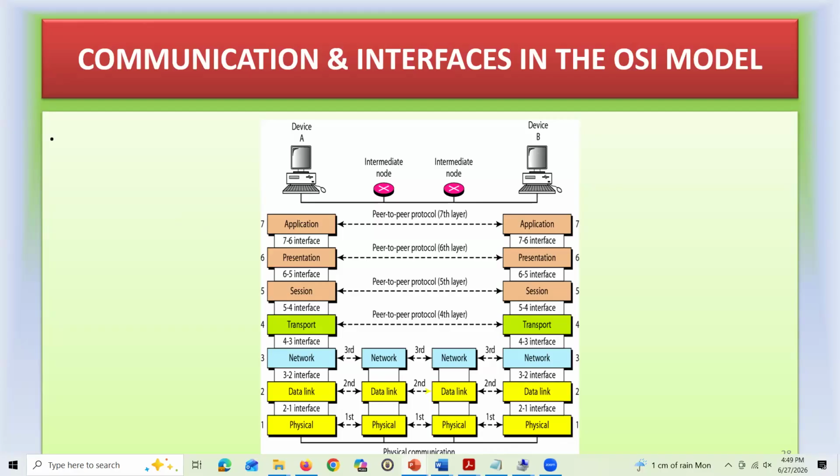Third, after you have done the transaction you want to do, the system has to bring it to an end. So it terminates the session. These are the three things that occur at the session layer. I hope it's clear to all of you.